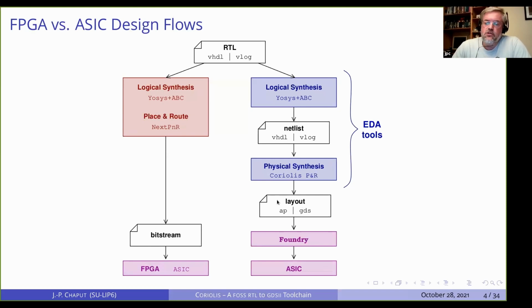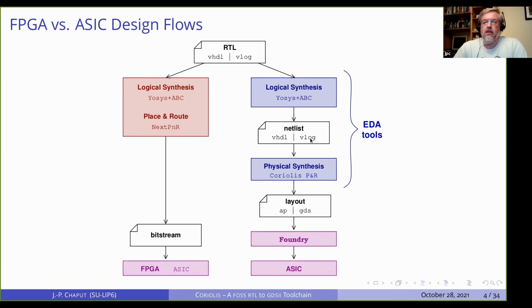I will introduce the concept of symbolic layout a little bit later. And the next step is to send your design, your layout, to the foundry. The foundry is the factory which is tasked to transform your layout into a physical object, that is a silicon chip. And then you get back your silicon chip.